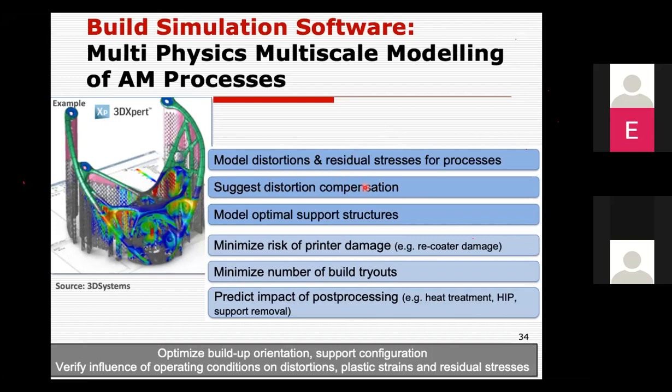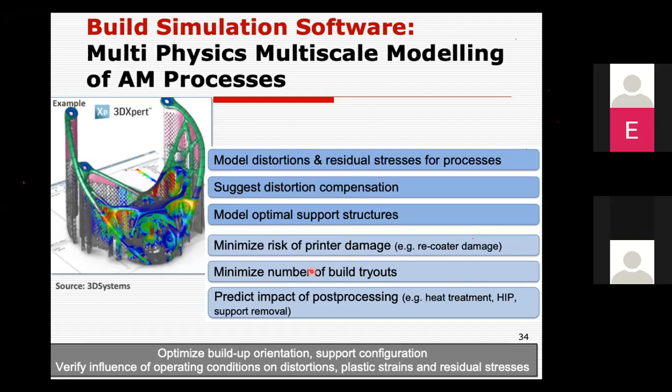And you can optimize the support structures in a more effective way once you have done simulation studies on that. Because of this you can minimize the risk of printer damage or recoater damage, or even minimize build tryouts. Why? Because we don't have a luxury if you talk about metal additive manufacturing systems.